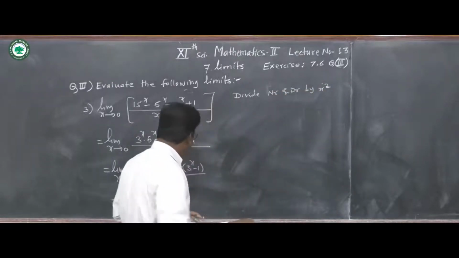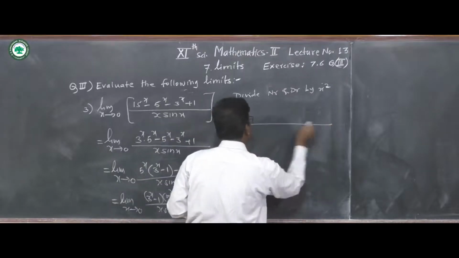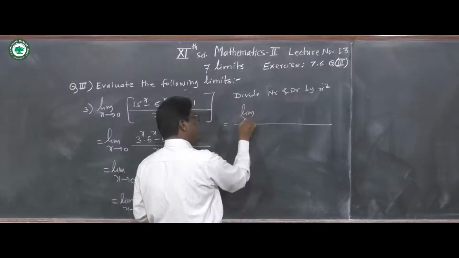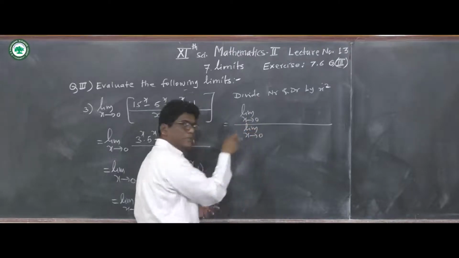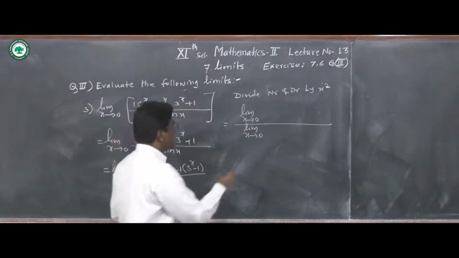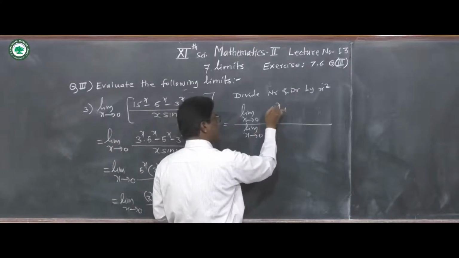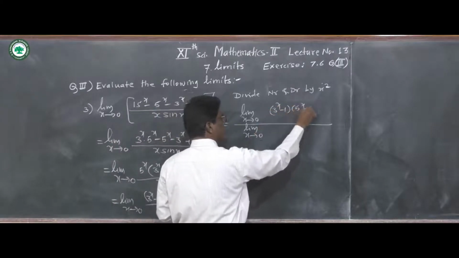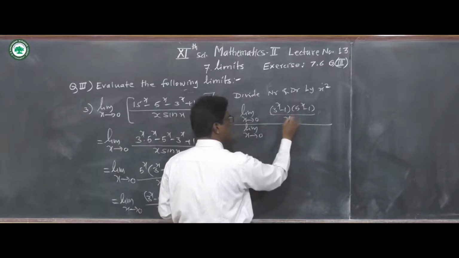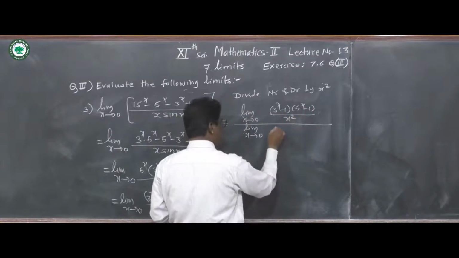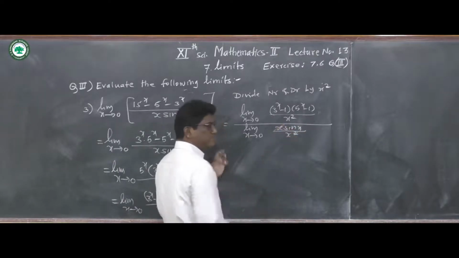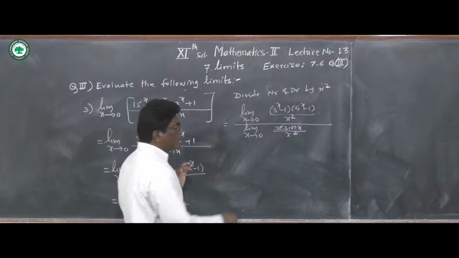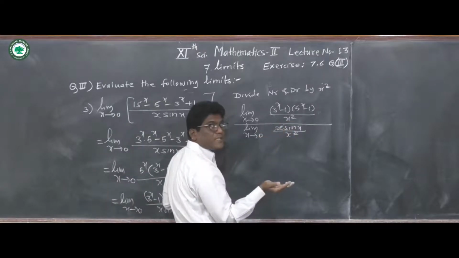So this is equal to, also we separate the limit for numerator and denominator like this: limit as x tends to 0 of the numerator and denominator. Here 3 to the power x minus 1 into 5 to the power x minus 1, whole divided by x square, and here x sin x divided by x square. This x and x get cancelled. Now we write x square as x into x.